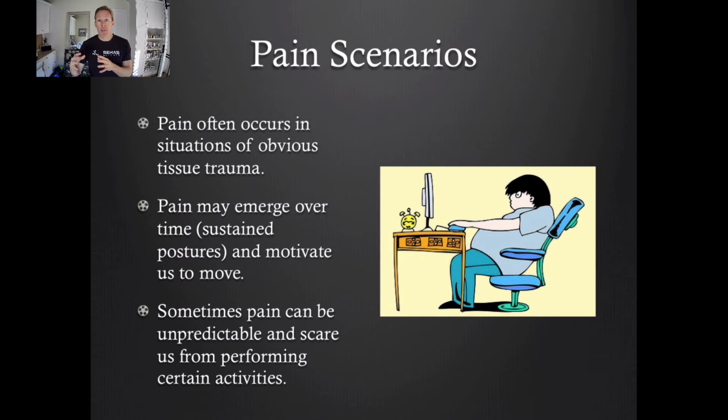As pain goes on, even pains that start out, pain can be unpredictable and scare people. It can create fear and anxiety. You see this a lot in the clinic, especially pains that aren't as obvious to people or they don't know why they started.